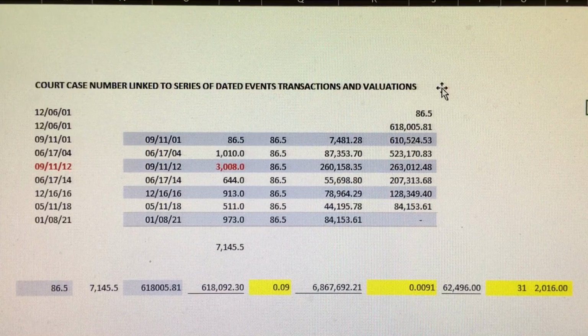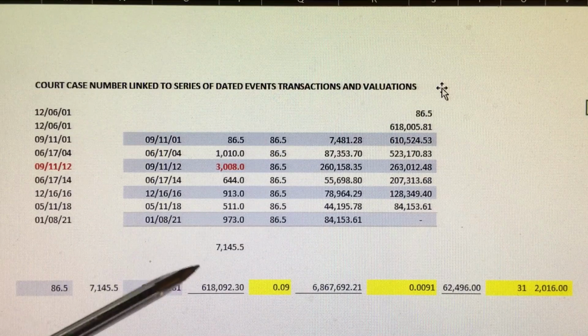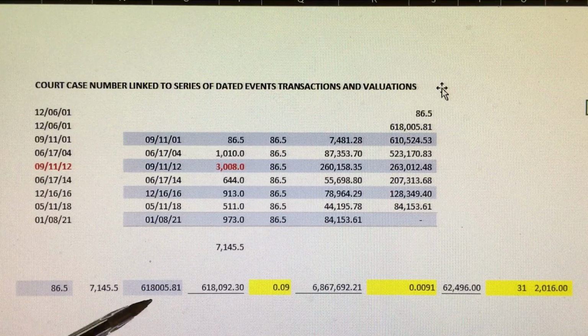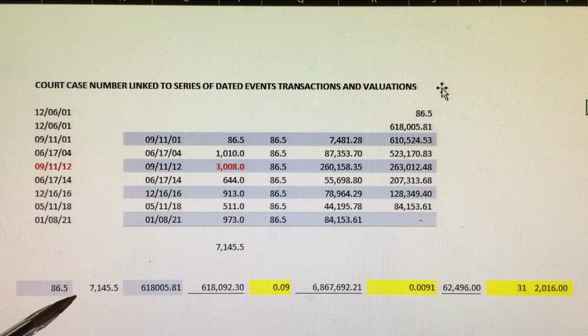Now, how can we confirm, how can we verify, and how do we know actually how much money is involved here? Well, we know we have 86.5. We got that from up here. And we know we got 714.5 number of days. And we know if we multiply those out, it gets 618. So I added 618 to the 86.5.